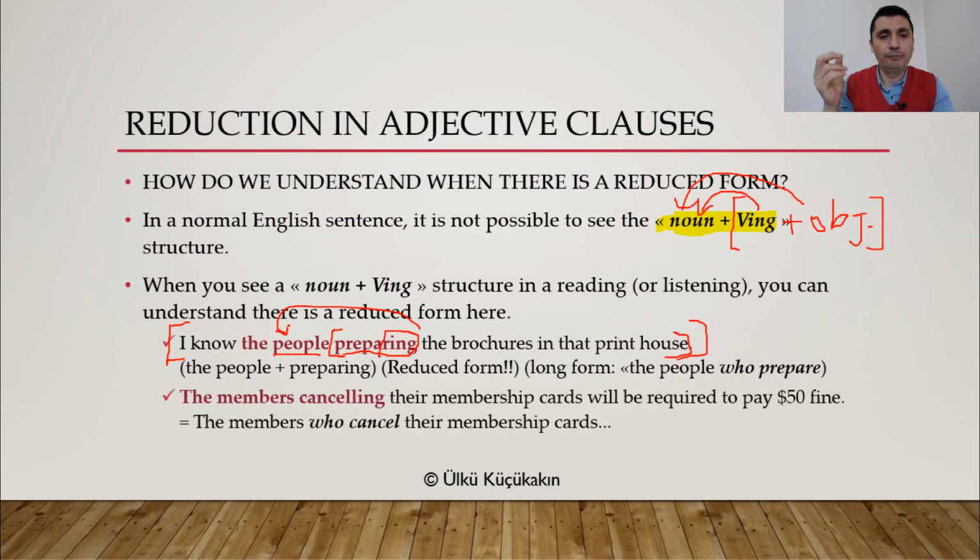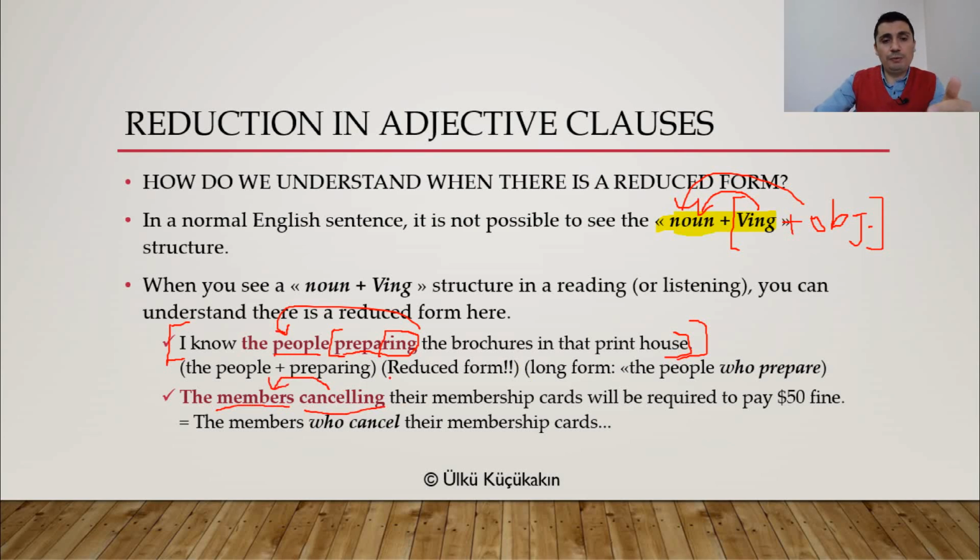It's a short form. Or: the members canceling their membership cards will be required to pay a $50 fine. Now here, members is a noun, canceling is a verb ing. So after a noun, it's not common to see the verb ing form.